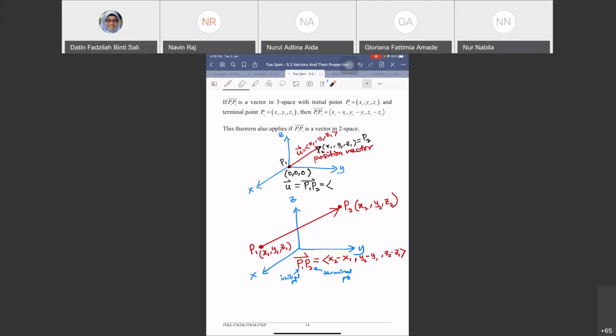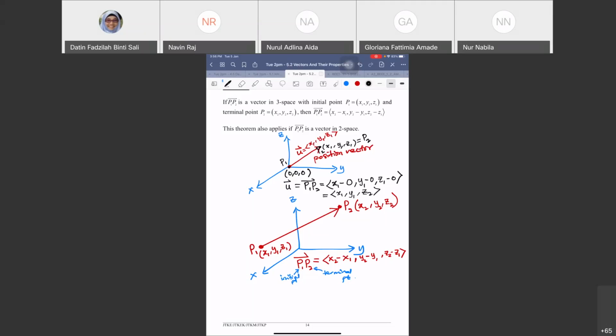If vector u is the same as vector P1P2, then the component will be terminal minus initial: x1 minus 0, y1 minus 0, and z1 minus 0. That's why you have x1, y1, z1.